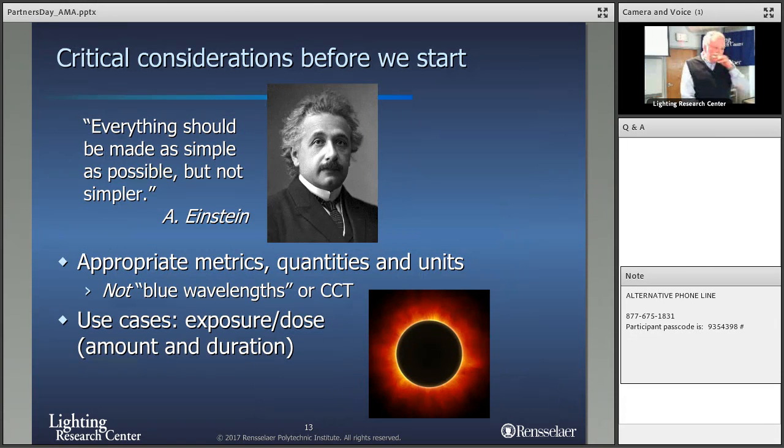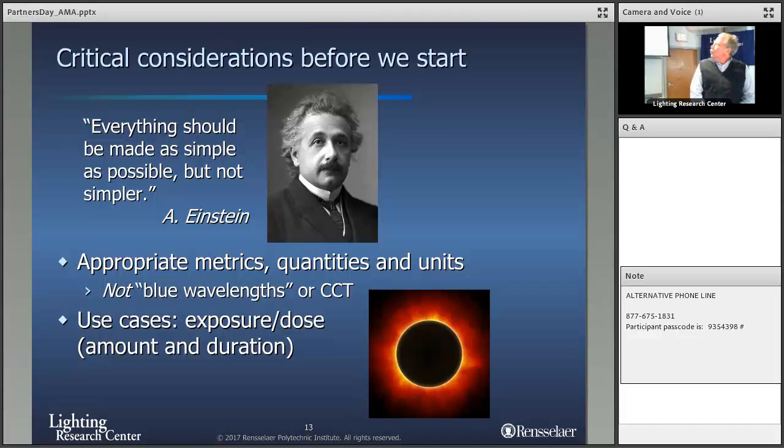Now, before we start, I'd like for you to keep in mind a quote from Albert Einstein. He said that everything should be made as simple as possible, but not simpler. I think that we're here today to talk about some complexities. We will try to get it down to the simplest possible communication, but you can't oversimplify these things.